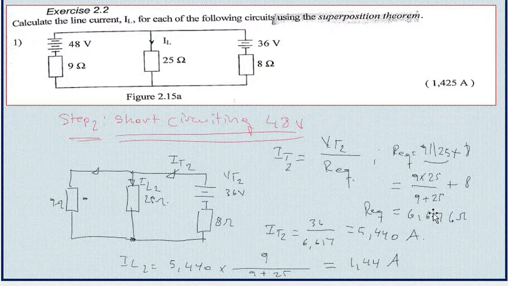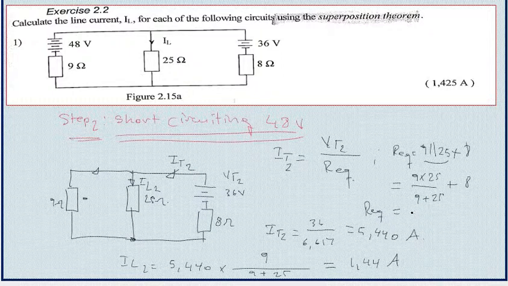So that should be replaced by 14.617. So I'll remove it, and then the equivalent resistance will be equal to 14.618 ohm. So the whole thing will change.